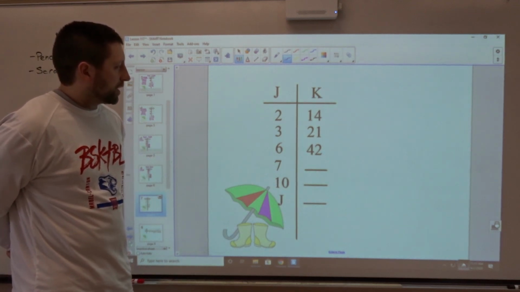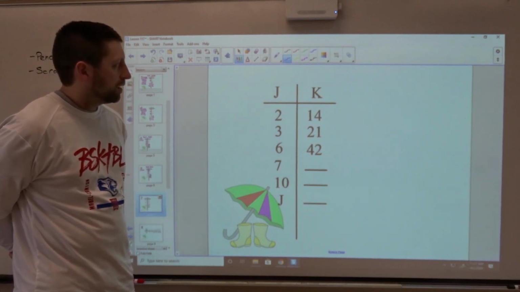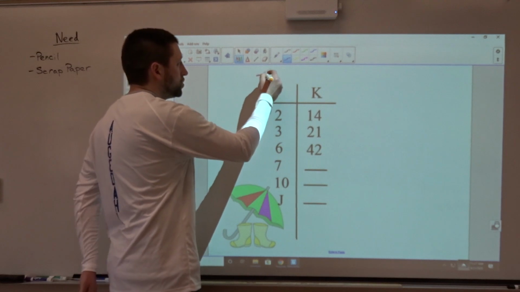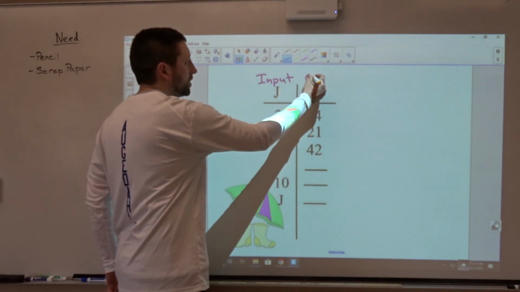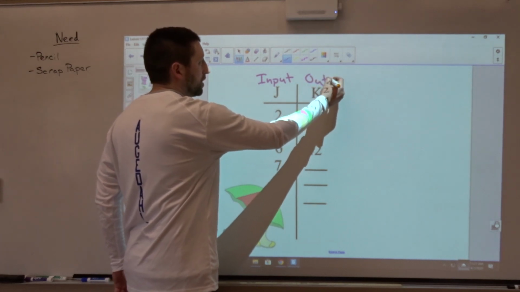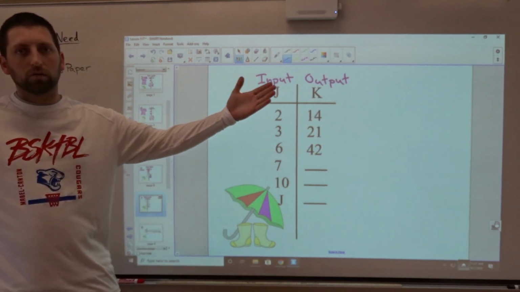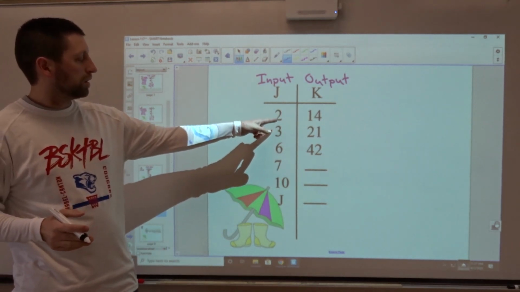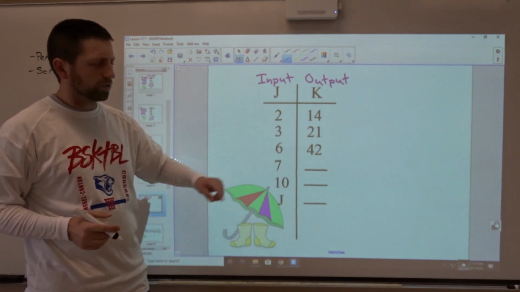Okay, so let's take a look at J and K. As I go from the input J to the output K, are my numbers getting bigger or smaller? 2 to 14, 3 to 21, 6 to 42.